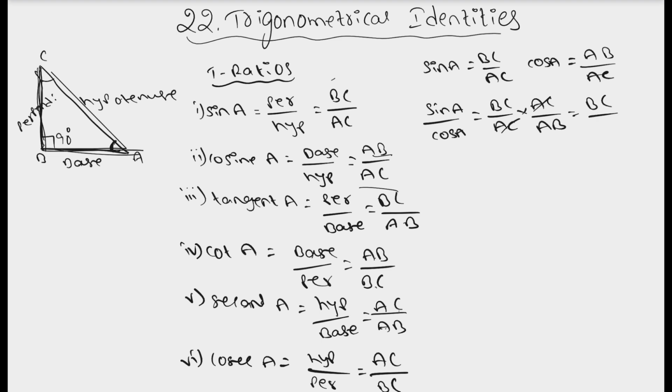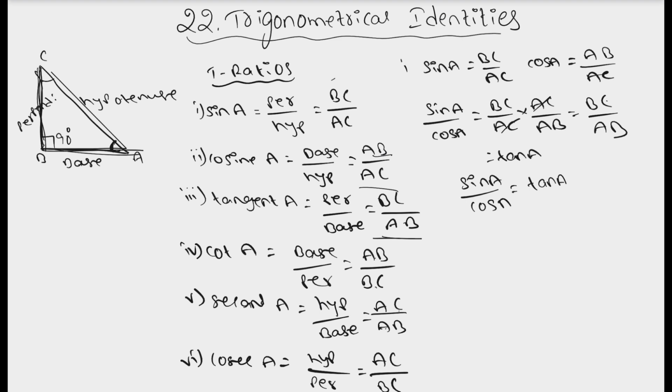When we simplify this, we get BC by AB, which is nothing but tan. So sine A by cos A is equal to tan A. This is one more relation, called the quotient relations.